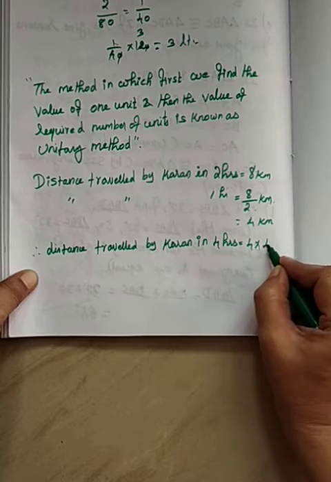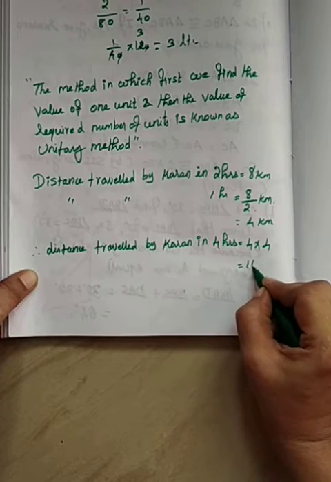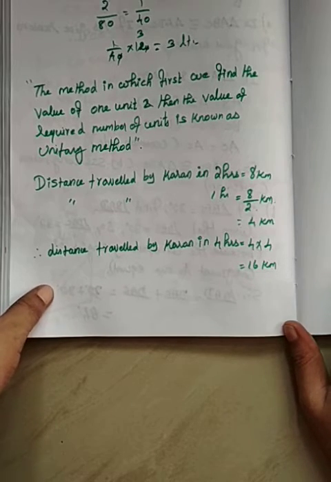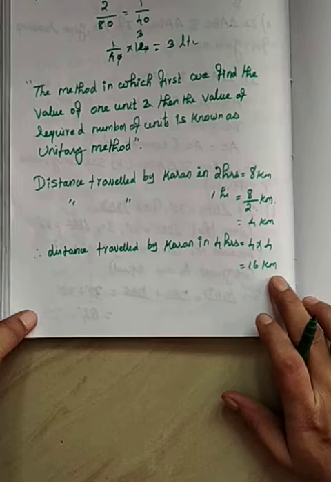So 4 into 4, what is 4 into 4? 16 kilometers. So therefore the distance travelled by Karan in 4 hours is equal to 16 kilometers.